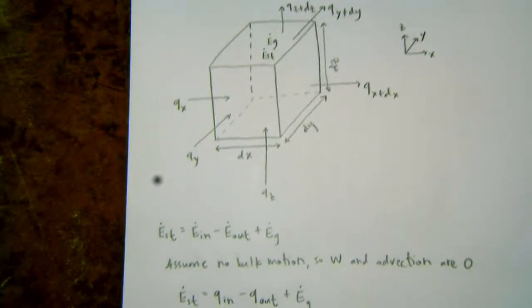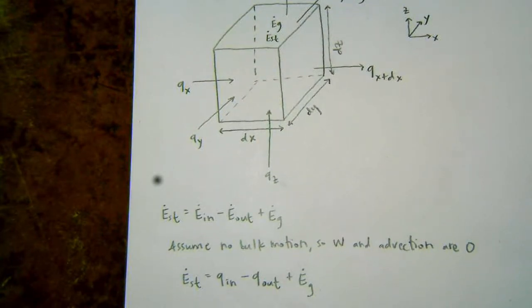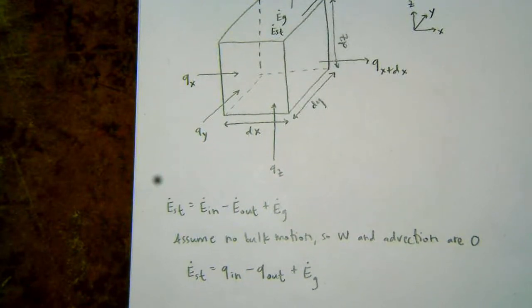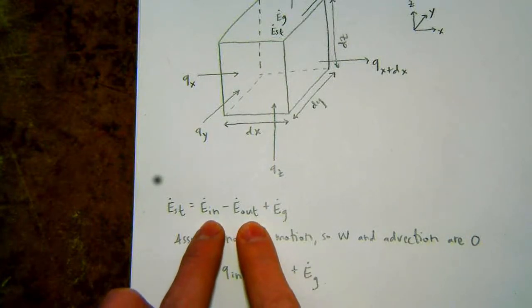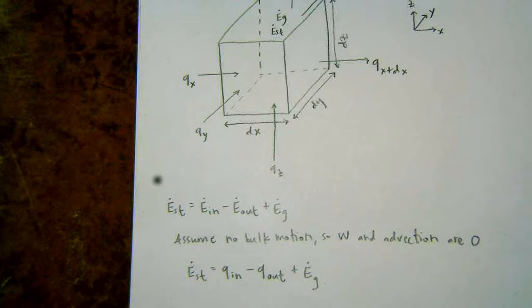And then we wrote down the generic form of the first law for heat transfer on the rate basis. So we've got dots on all the terms. And then we said we're going to assume that there's no bulk motion. So the energy in and energy out terms can be due to either work, heat, or advection. And since there's no bulk motion, we're going to assume that there's no work and there's no advection.